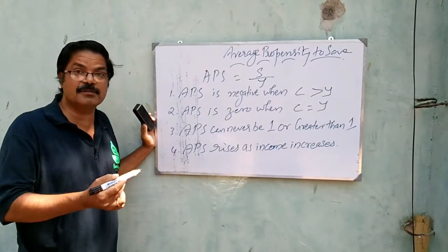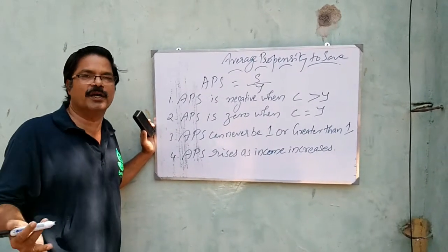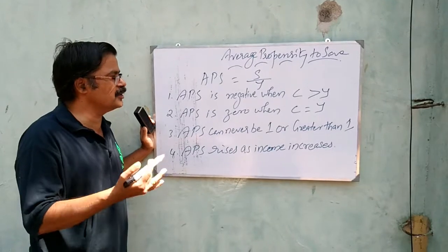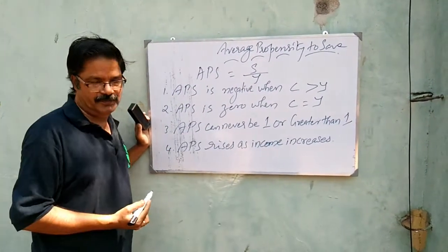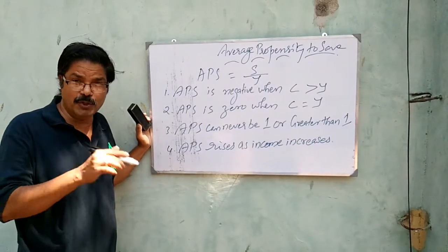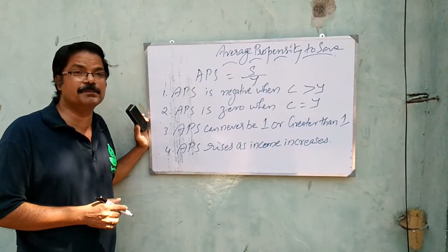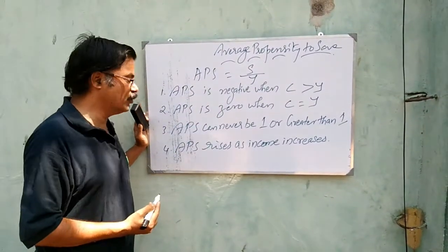When consumption is greater than income. When you consume more than your income, average propensity to save can be negative. APS is 0. When is it 0? When consumption and income are equal. What do you call that point? It is break-even point. So at break-even point, APS is 0.